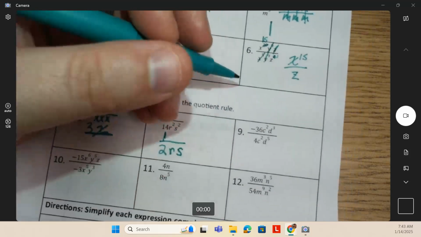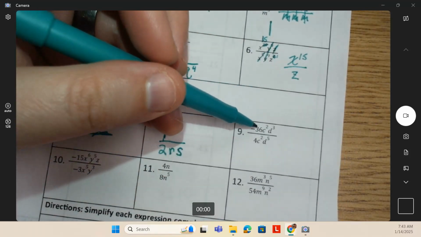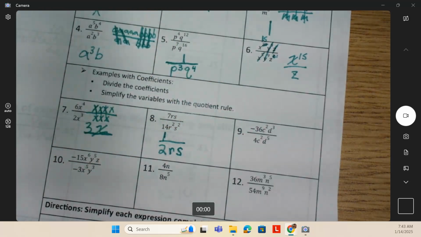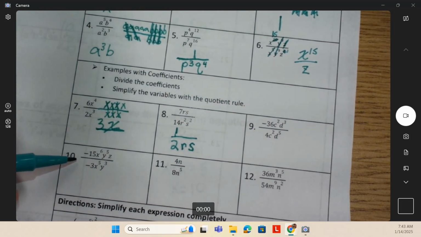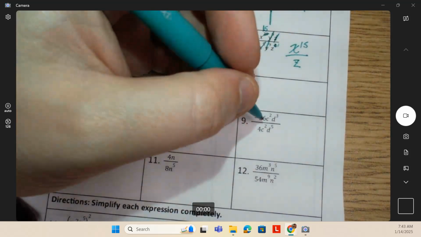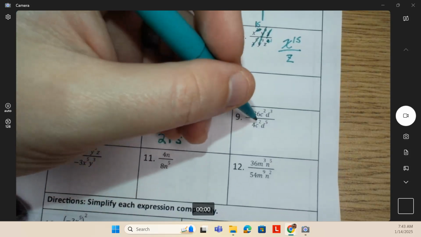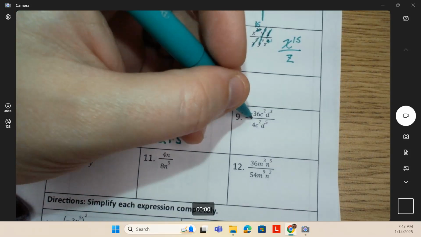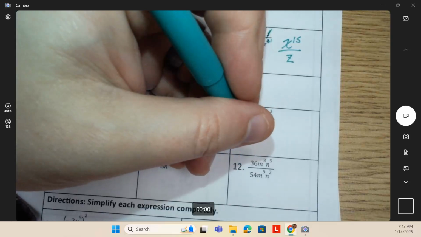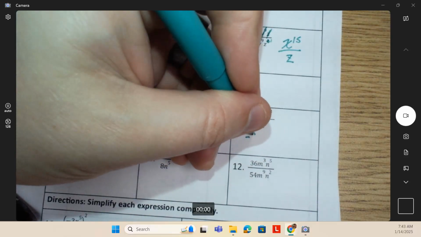Okay, the negative sign, if we have ones with negatives, would stay with the number. Unless number 10, where I have negative 15 divided by negative 3, that would give me a positive 5 because a negative divided by a negative. So we'll do one or two more here. Negative 36 divided by 4 would give me a negative 9.